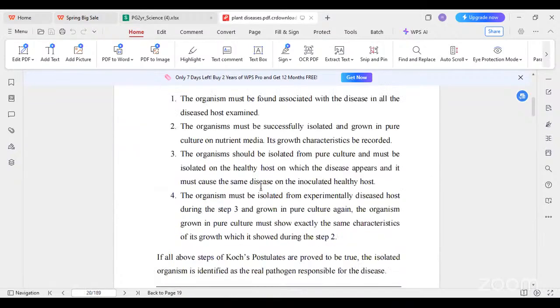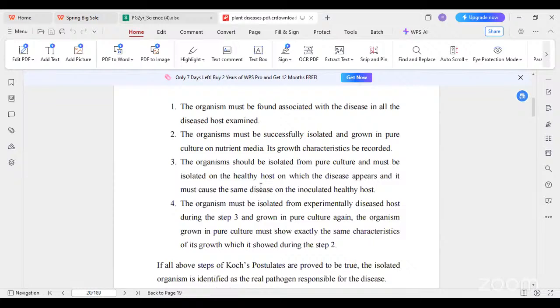The organism must be found associated with the disease in all the diseased hosts examined. Second one, the organism must be successfully isolated and grown in pure culture or nutrient media. Growth characteristics be recorded.